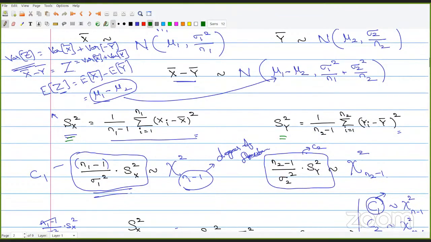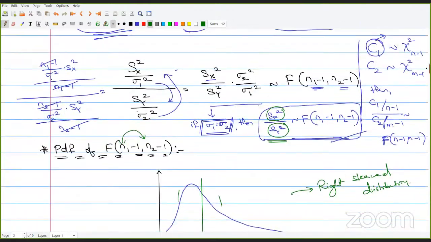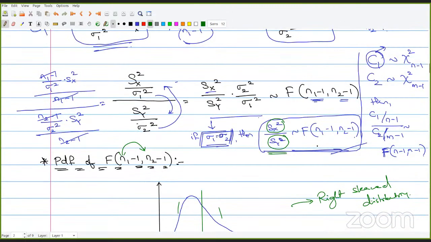So we can compute sample variance Sx square and sample variance Sy square, and if you divide these two, that will follow F with N1 minus 1, N2 minus 1 if sigma 1 is equal to sigma 2. If it is not equal, then Sx square by Sy square times sigma 2 square by sigma 1 square will follow F distribution with parameters N1 minus 1, N2 minus 1.